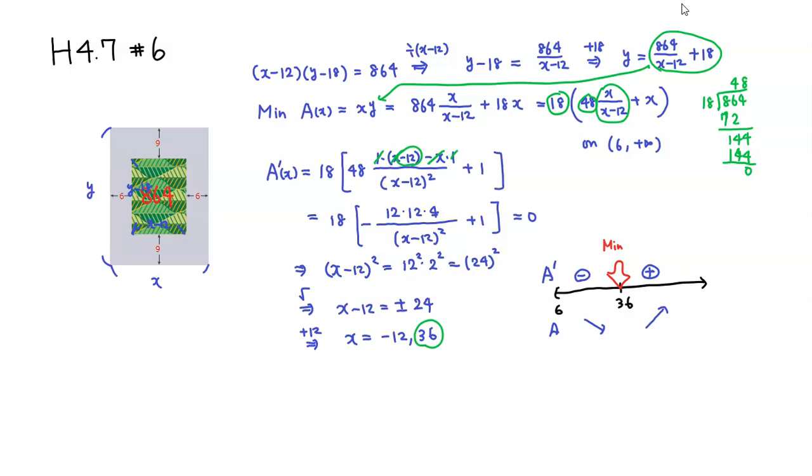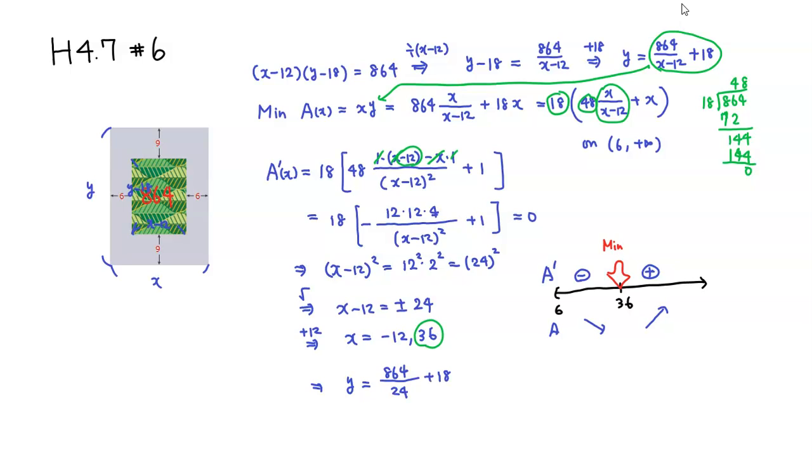Right, so we know that the minimum occurs when x equals 36, and all we have to do is find the y value. So the y value is equal to 864 divided by, you have 36, so in the formula 36 minus 12, so it's 24, plus 18, right?